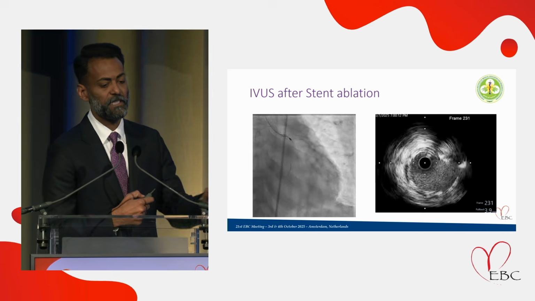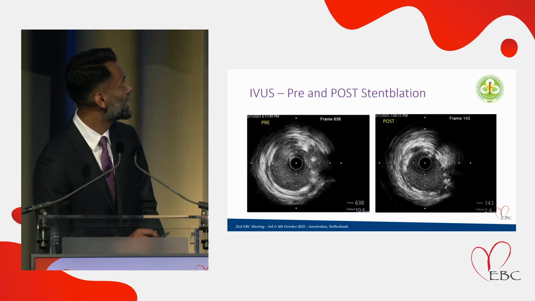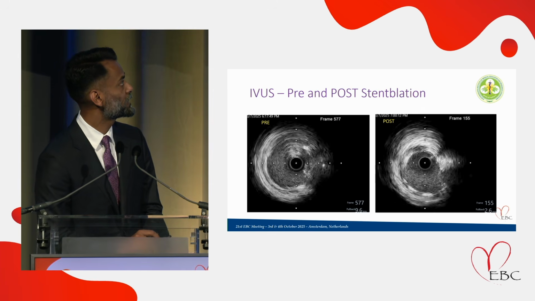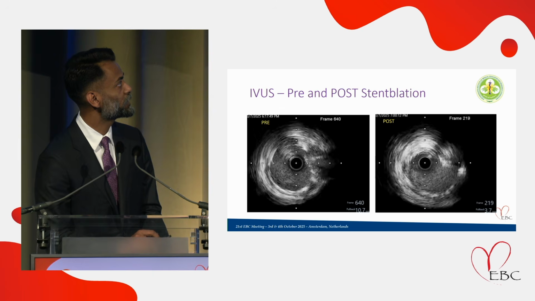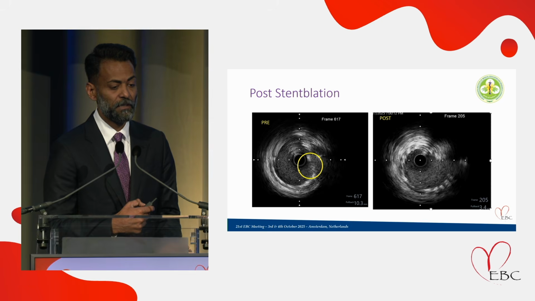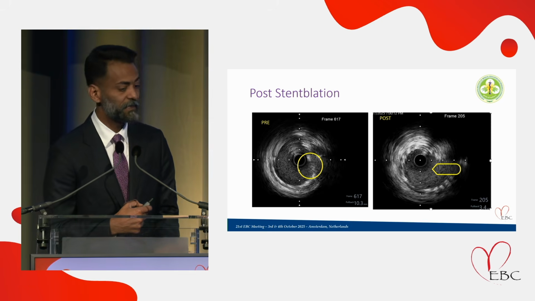Yeah, so we see there is no stent struts in front of the circumflex after doing rotablation. This is the pre-run on the left side, and you see the post-run on the right side, that there are no more stent struts in front of the circumflex after successful ablation. So rotablator has made a space and has taken away the stent struts.